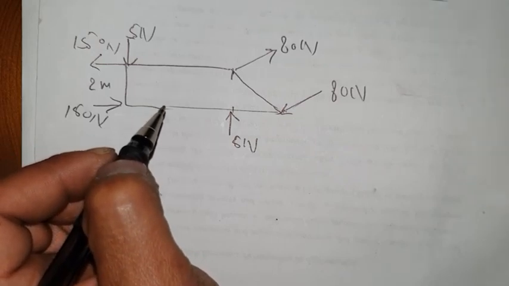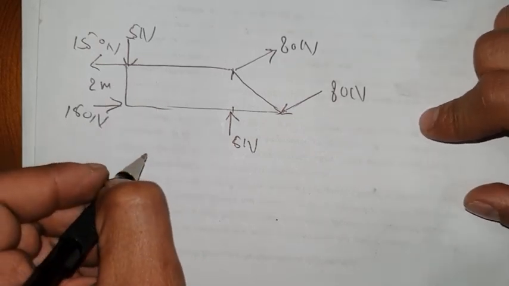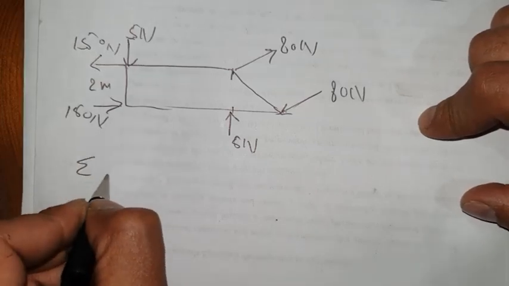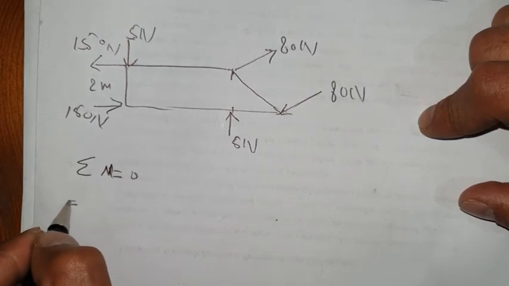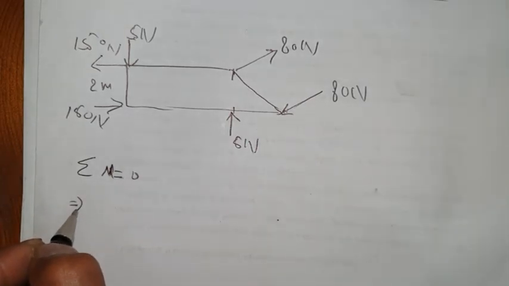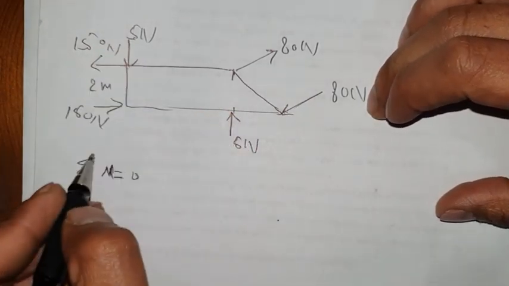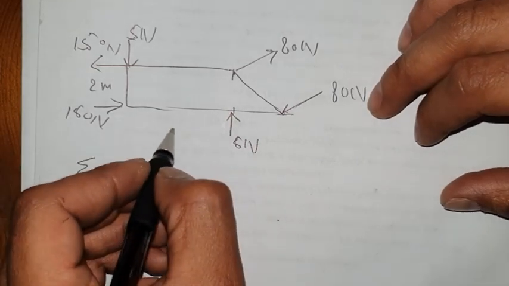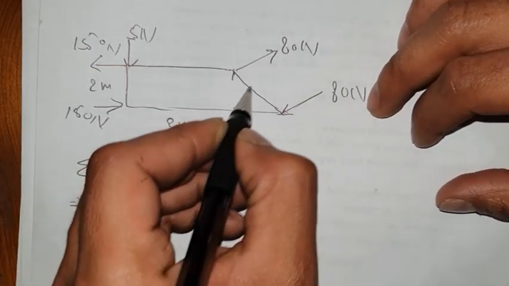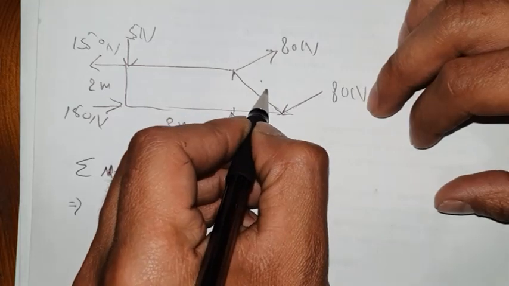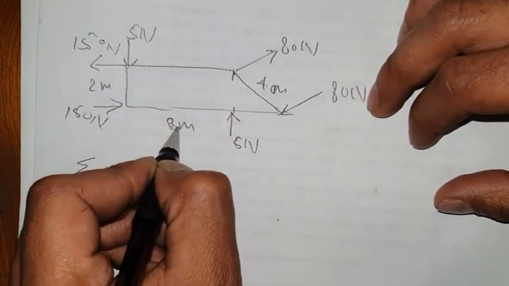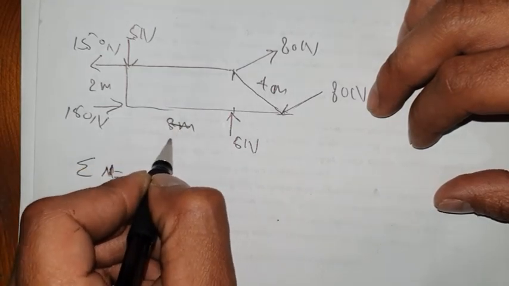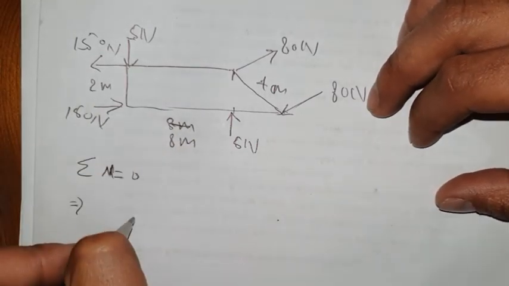So now we will calculate all these things. First of all, we'll find the moment summation of forces. Summation of the moment has to be equal to 0. For this one we have 4 meters. Take this 8 meters.